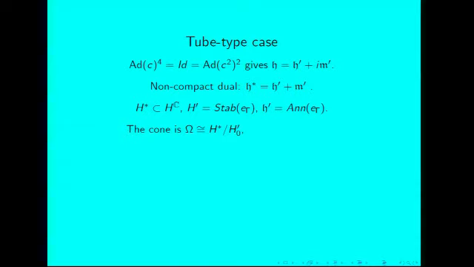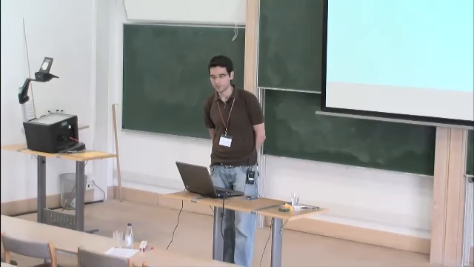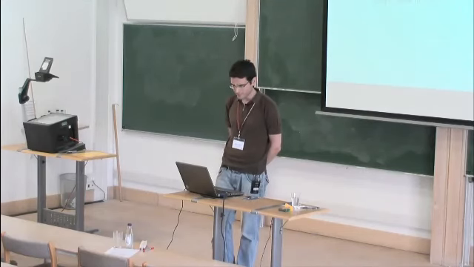And the cone of the realization of the Hermitian symmetric space as a bounded domain of tube type can be written like H dual quotient by H prime, and is in fact the dual of the so-called Shilov boundary, which is this complex symmetric space.